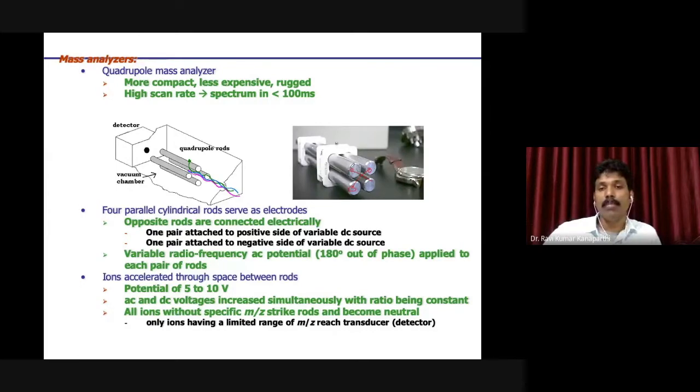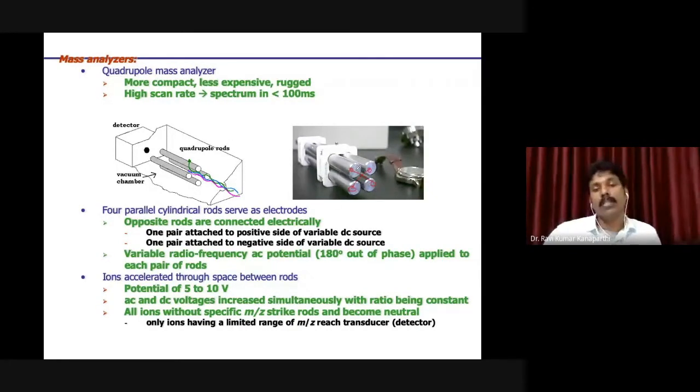Similarly, between these 2 poles, a set of voltage, a combination of voltage plus the radio frequency, is applied. Okay, so that is the basic principle involved in the quadrupole.